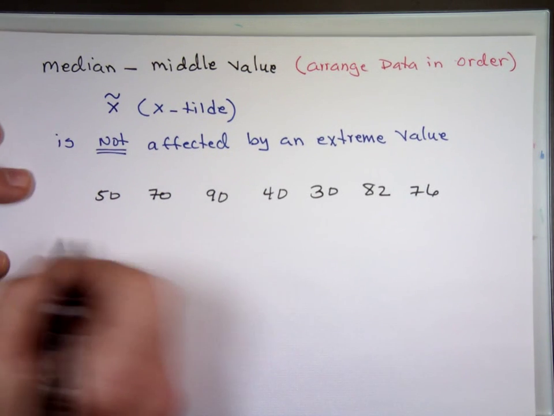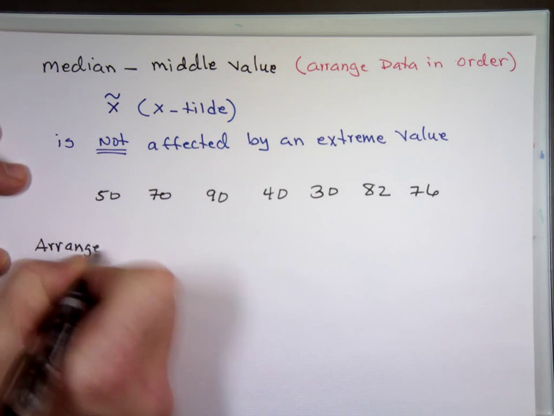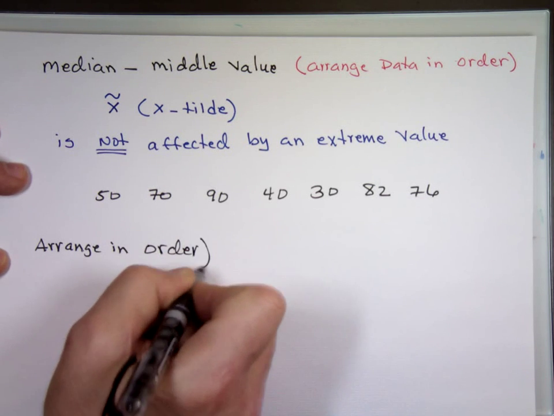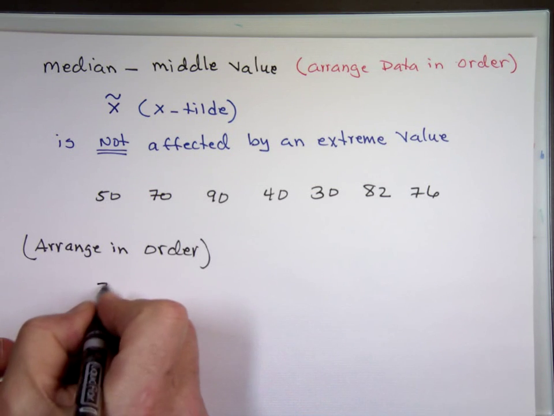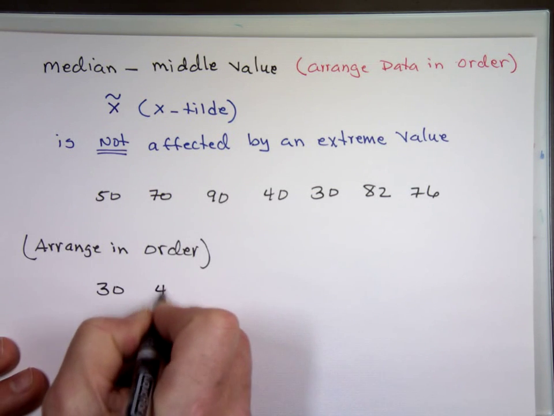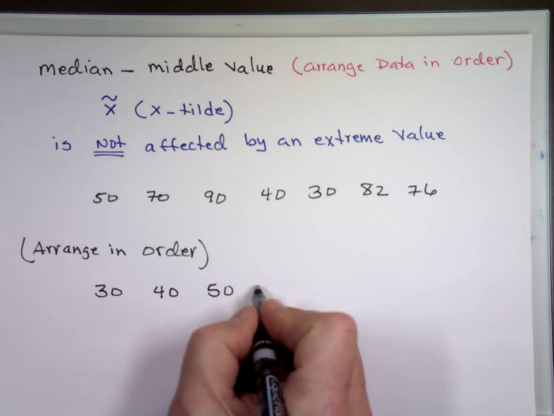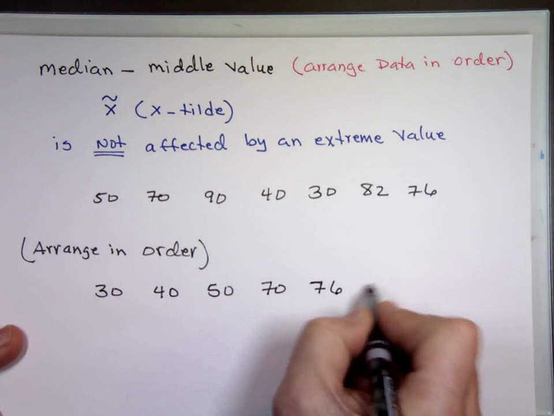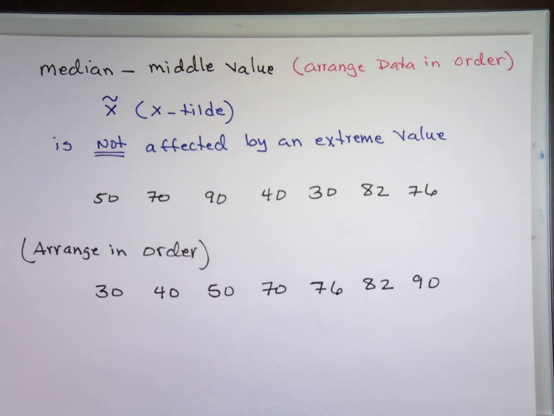First thing, arrange in order. Put them in order. Small to large, large to small, doesn't matter. What do we have? 30, 40, 50, 70, 76, 82, 90. And where's the middle value?